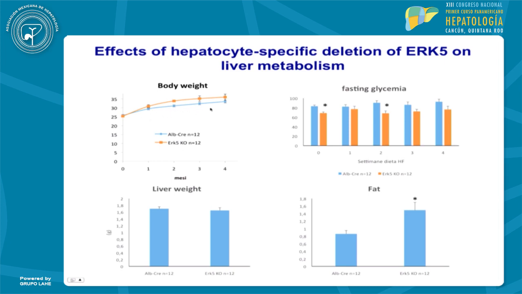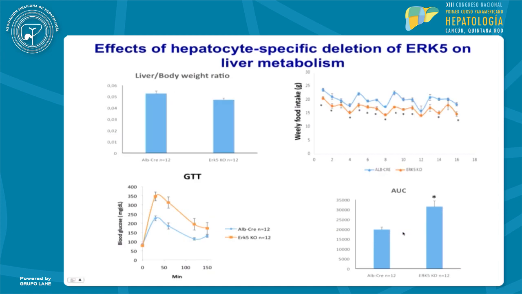You can see there are no changes in body weight. I can tell you there are no changes in food consumption. There are minor changes in fasting blood glucose that is actually a little lower in mice with the genetic deletion. But the important thing is that the amount of fat in the liver is increased in these mice.